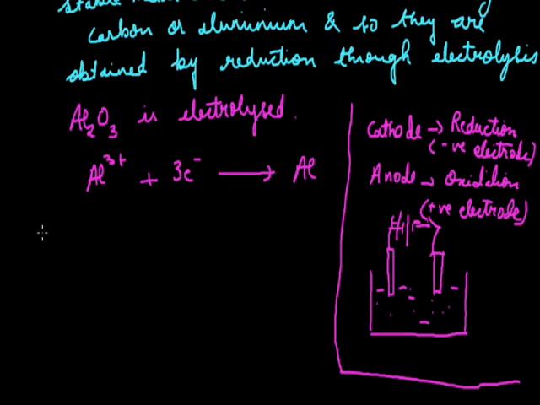For obtaining aluminium from aluminium oxide, we add cryolite, that is Na3AlF6. This is added to the molten aluminium oxide, and then there is electrolysis and we obtain the aluminium.